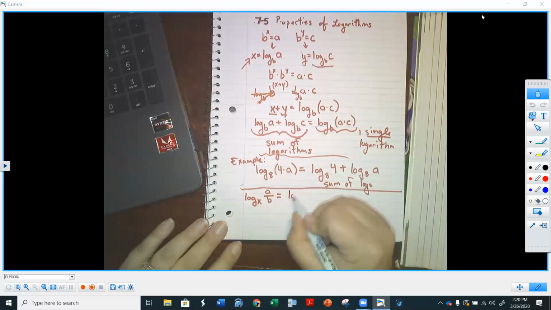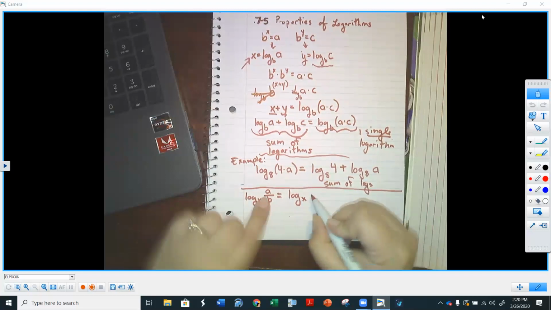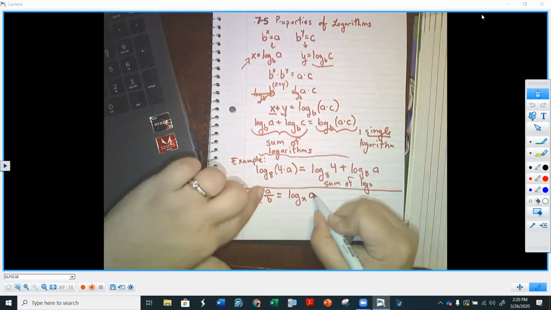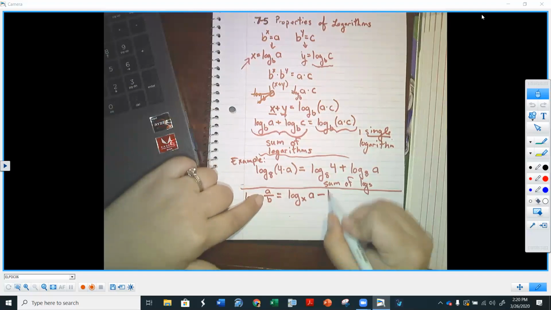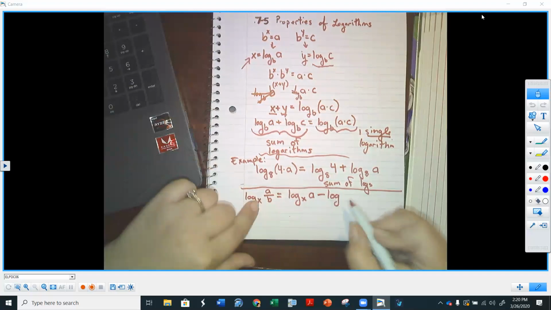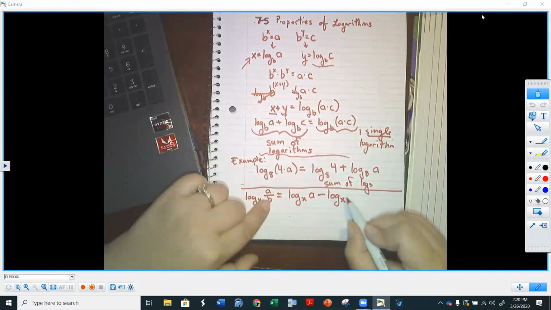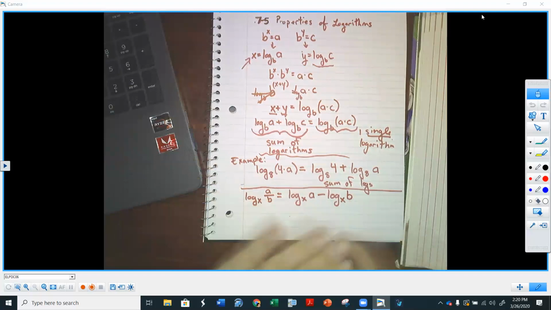This is going to look like log base x of a. Whichever one is on top goes first. The division is going to represent a minus sign. Log base, same base x, and then the b was on bottom. That's all you're doing.